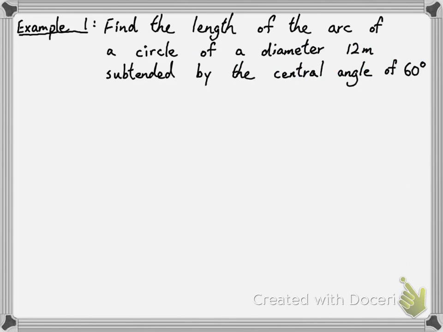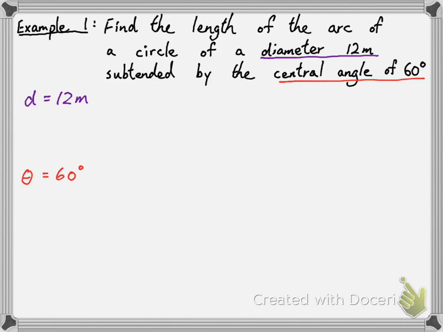Now, let's look at example number 1. Find the length of the arc of a circle of diameter 12 meters subtended by the central angle 60 degrees. So we are given that the diameter equals 12 meters and the central angle is 60 degrees.